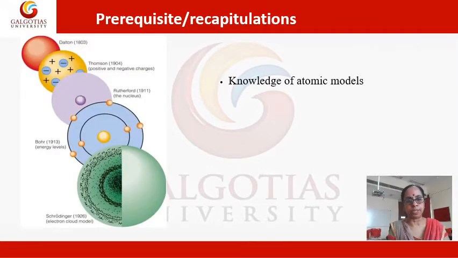As a prerequisite, we should have an idea of atomic models. Over the last 200 years, ideas about the atom developed from Dalton's individual atom, the smallest thing possible, to the discovery of subatomic particles, electrons, protons and neutrons, to a sophisticated understanding about where these particles are found and how they behave.